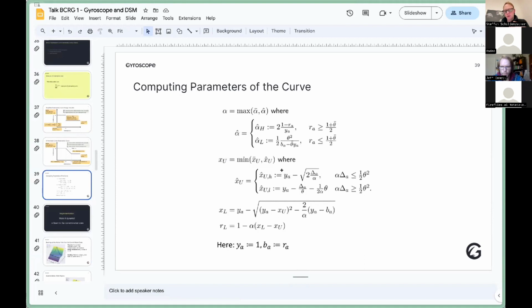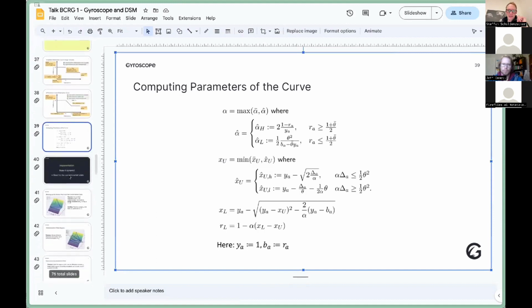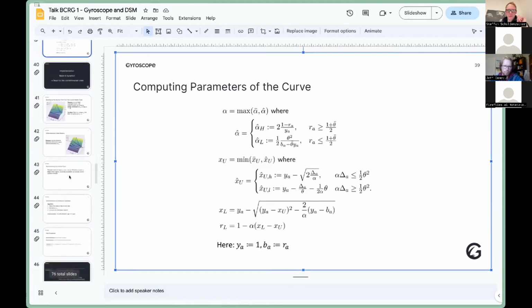If I tell you in which case you are here and here, then you can write down the equation for the solution of the system. We have a square root here and a fraction there, but maybe it's not so bad. Maybe it's possible to write it down as an equation that is actually analytic, and that's actually true.